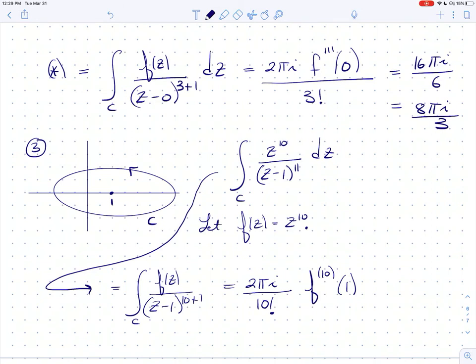So 10 times 9 times 8 times 7, and so on. If you go too far, you're going to get 0. Thankfully, when we take the 10 derivatives, we're going to be left with a constant, and the constant is going to be 10 factorial. So this is 2 pi i times 10 factorial over 10 factorial, which is exactly 2 pi i.